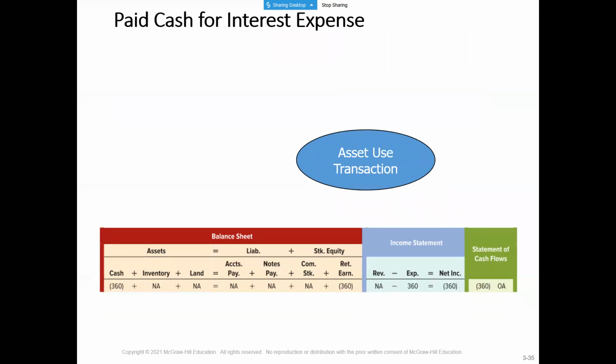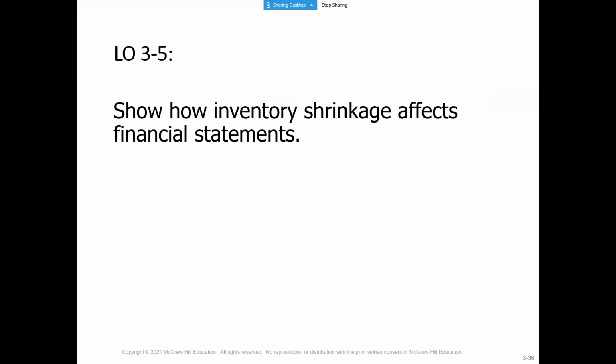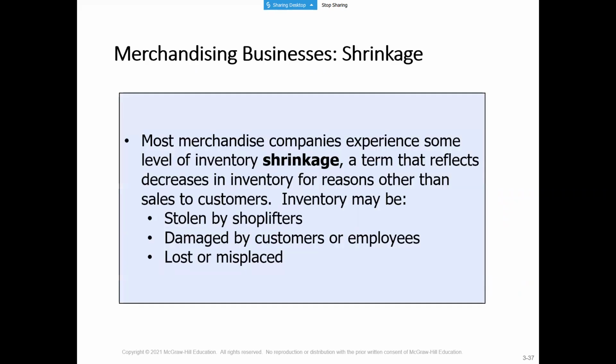So they give us some selling and administrative expense and interest expense, just to finish out the year. Inventory shrinkage. Again, if we have spoiled goods, goods which go out of season, or goods damaged or lost from theft or misplaced, we would have inventory shrinkage.